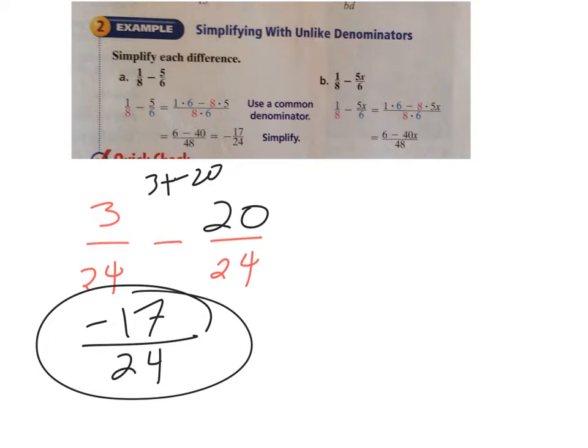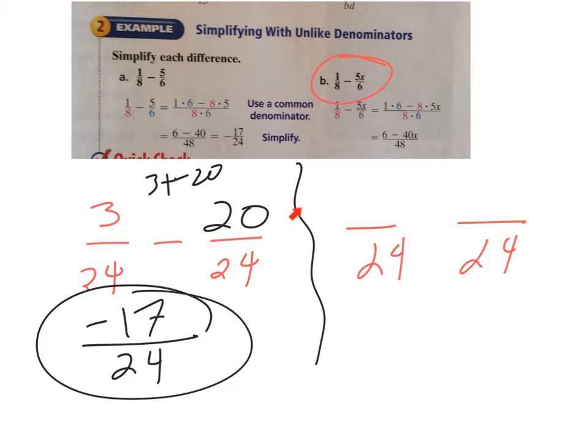So notice using that least common denominator cuts down on the need to reduce as much. So these guys over here, 8 and 6, we just discussed. A common denominator of 24 is a nice thing, right?